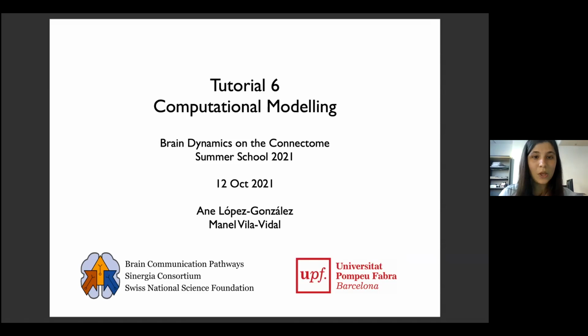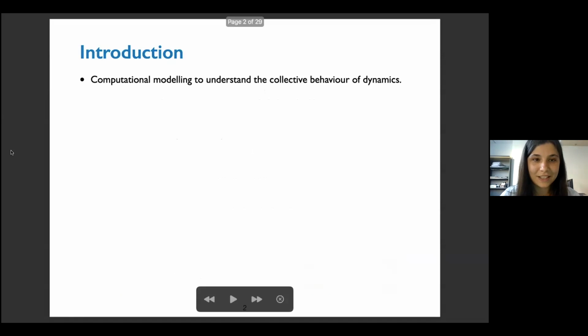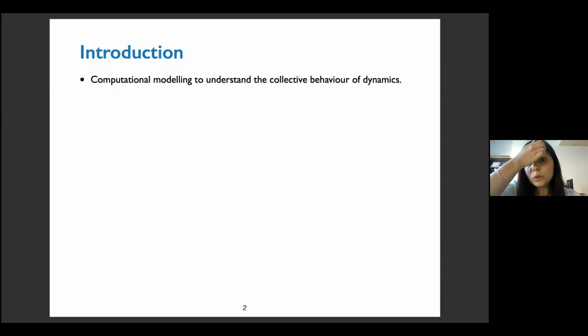Okay. So we are going to start this tutorial by talking about computational modeling, which is a recent tool that has been proposed to understand the collective behavior of the dynamics.